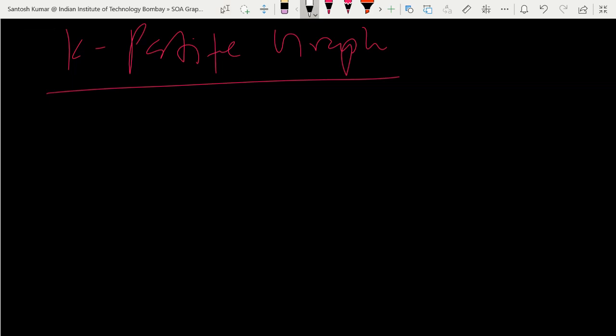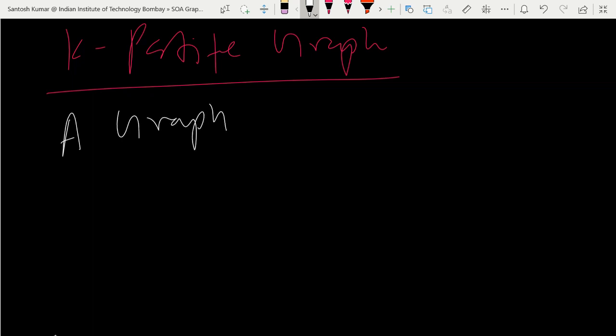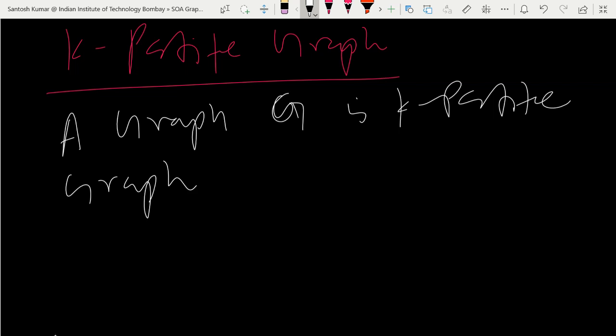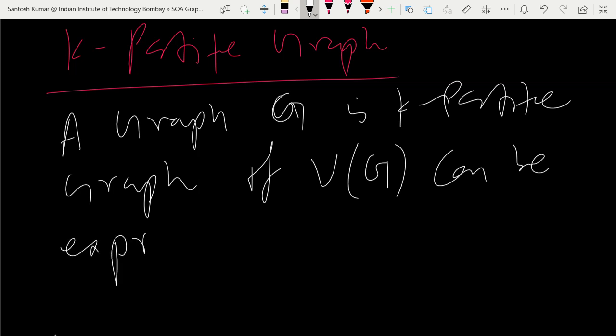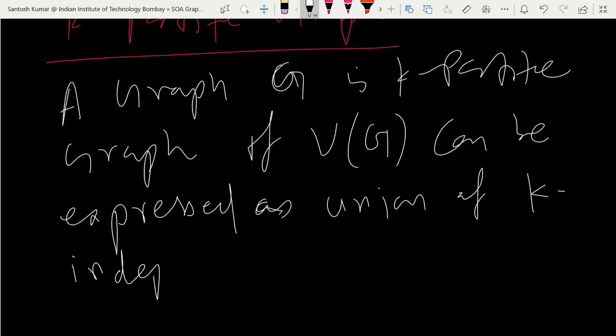Yes, k independent sets. A graph G is a k-partite graph if the vertex set of G can be expressed as a union of k independent sets.